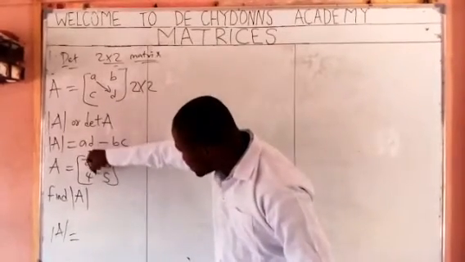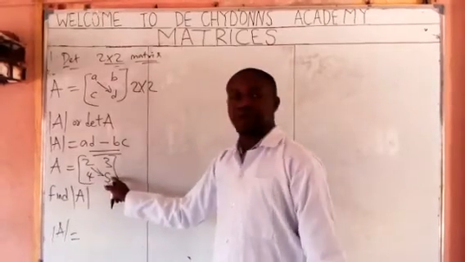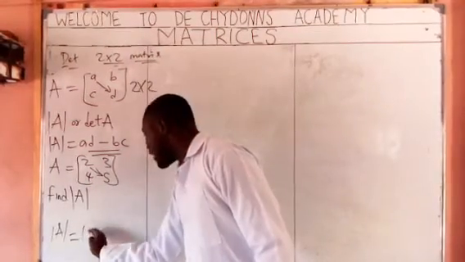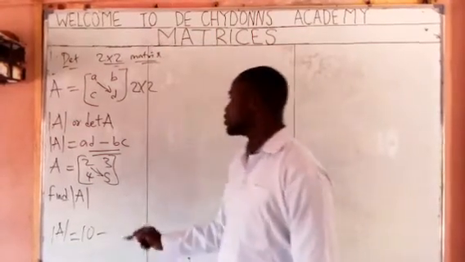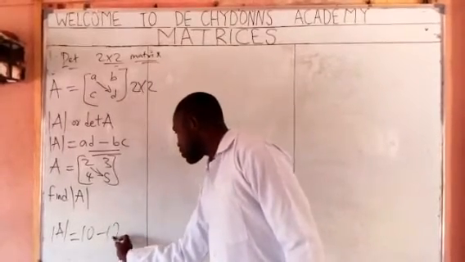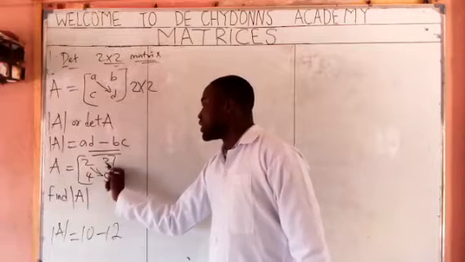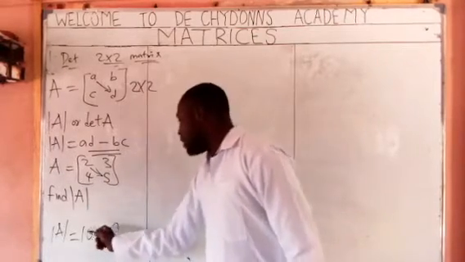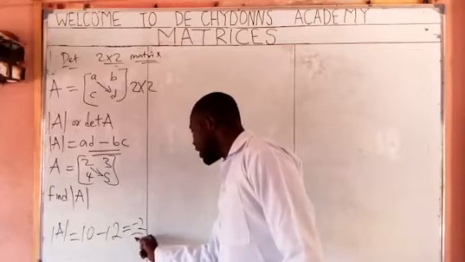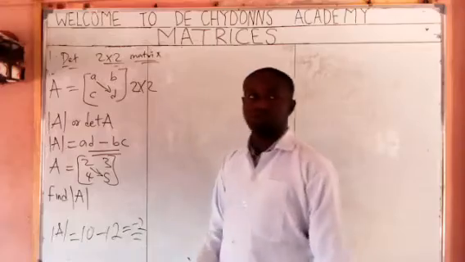The 2 and the 5 are the diagonal elements. You say 2 times 5, you write 10, minus 3 times 4, 12. 3 and 4 are the off-diagonal elements. 10 minus 12 will be minus 2. You now tell them that the determinant of the matrix is minus 2.